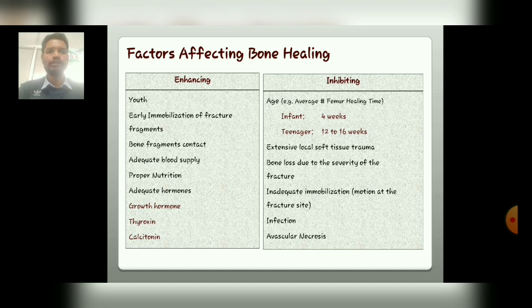Third is bone loss due to the severity of the fracture. Fourth is inadequate immobilization or motion at the fracture site. Fifth is presence of infection, which leads to delayed healing. Then seventh is a very complicated condition which is known as avascular necrosis.